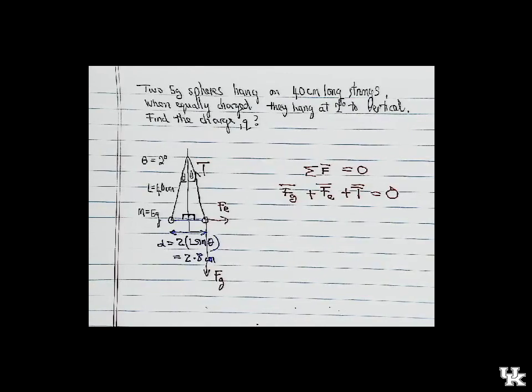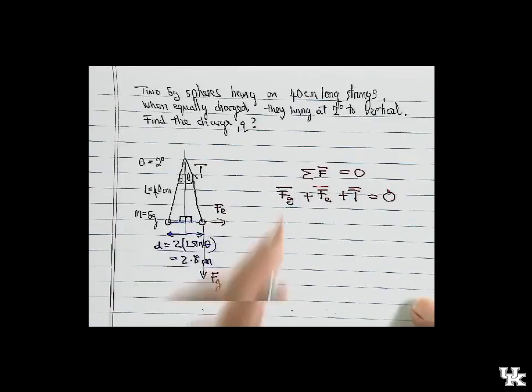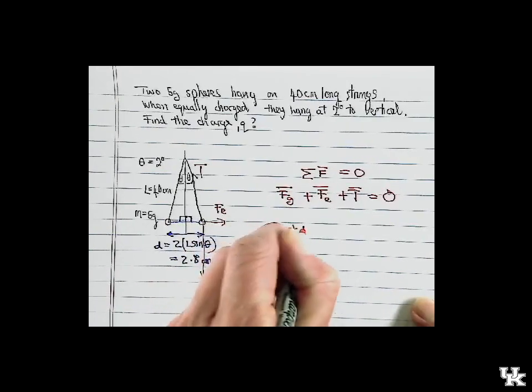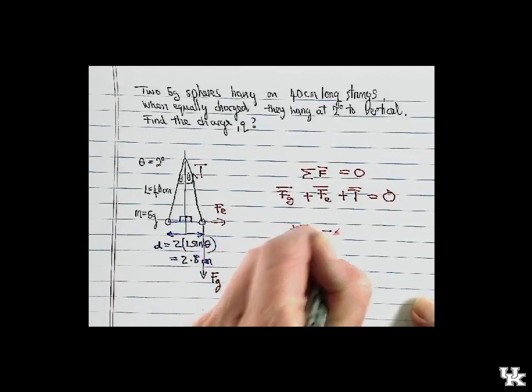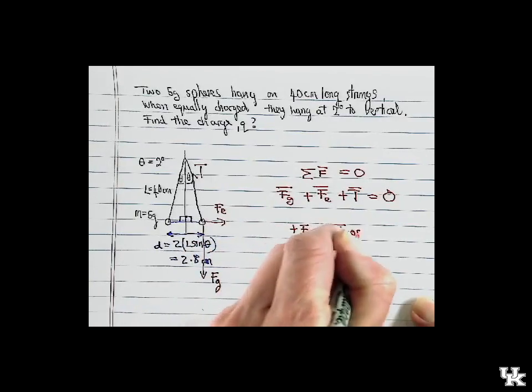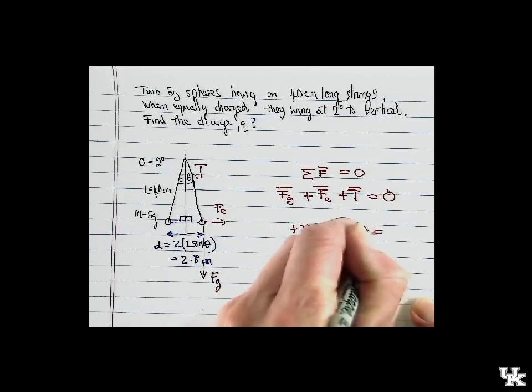I'm going to break it into two directions, vertical and horizontal, and that's going to help me. I'm going to break the equilibrium into equilibrium in the horizontal direction and equilibrium in the vertical direction. Let me do that. I'll write it out and then I'll explain it, because I can't write and think at the same time.